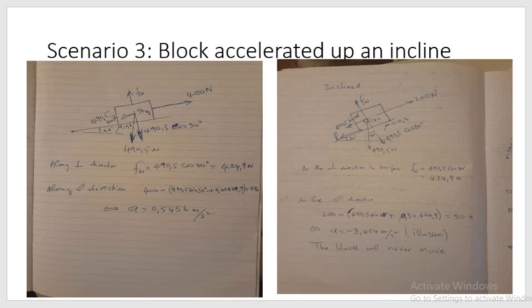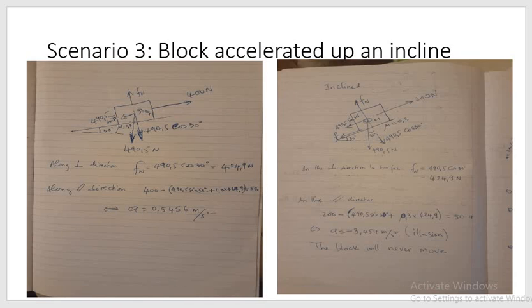Scenario 3 here gives us, if we apply the same 200 Newton with the block resting now on an incline, say of 30 degrees from the horizontal, we resolve still for the equilibrium along the normal to the surface and the dynamic equilibrium along the incline, the parallel to the surface of the incline.